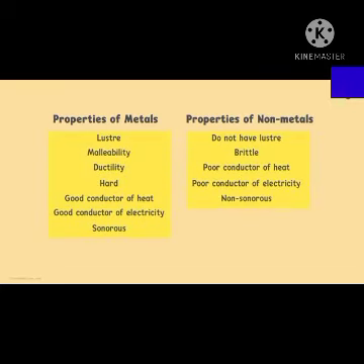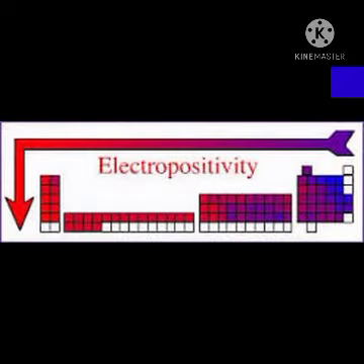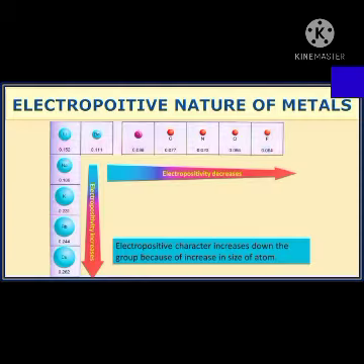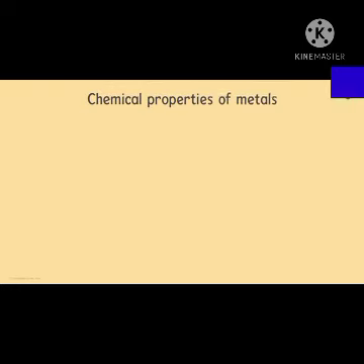Let's understand the chemical properties of metals first. Metals are reactive. They lose electrons easily and become positively charged ions. That is why metals are called electropositive elements. When we are looking at chemical properties of metals, there are a few things which we look at.